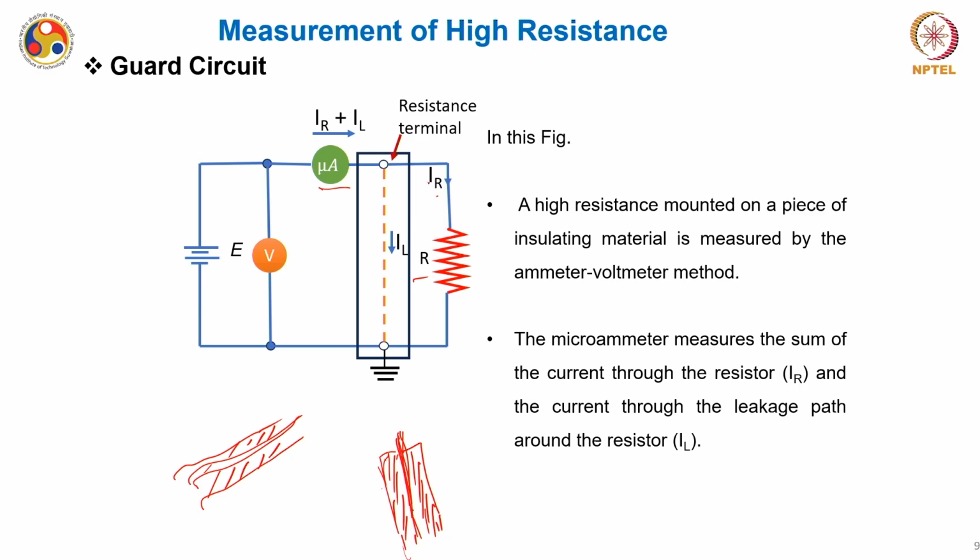Say the current I is flowing; it distributes as IL and IR. So I is equal to IR plus IL.